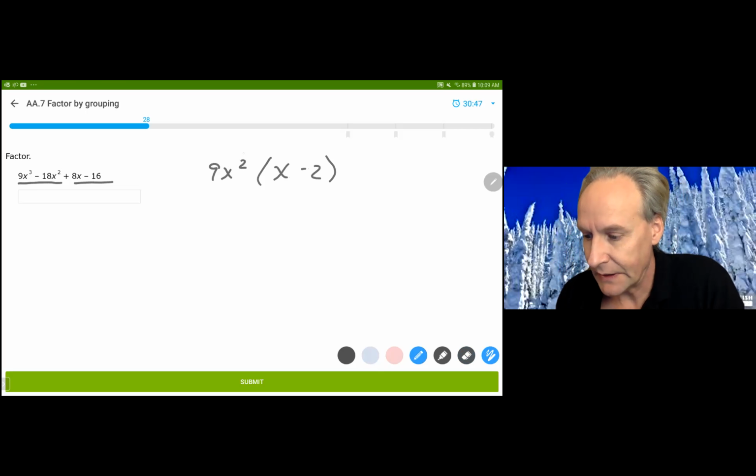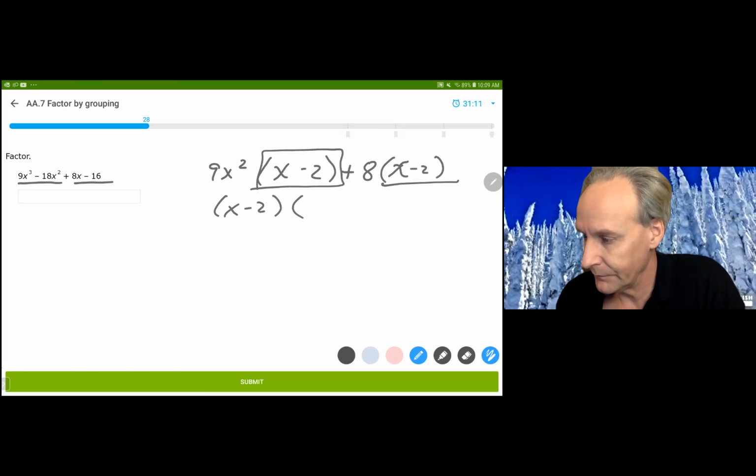Because if I multiply by 9x squared, I get that first binomial. My second binomial, I want to get x minus 2, so I have plus 8 times x minus 2, and there it is. Take out the x minus 2, and we're done. What's left after I take out the x minus 2 is the 9x squared plus 8.